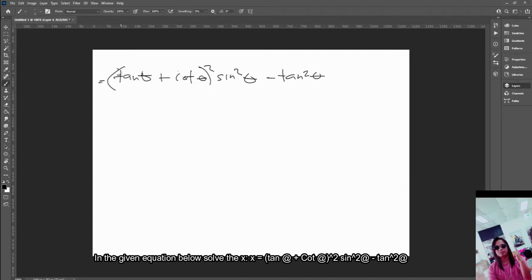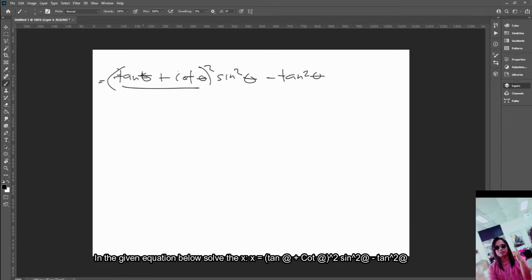What we should do is actually start in the innermost parentheses. So what we did here is we can simplify or express this in a way that we can solve this problem.